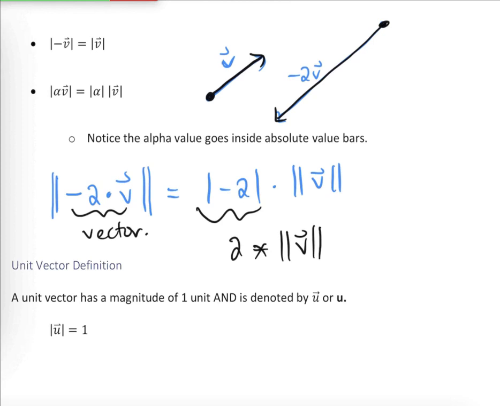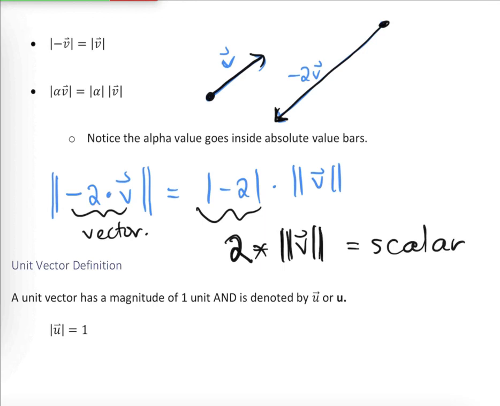Again, we're just talking about the length of the vector, and the length is going to give us the scalar quantity that is how long that vector is. The direction is not at play here because the magnitude is specifically referring to the length. And the length of this vector is going to be twice as long as the original vector v, right?